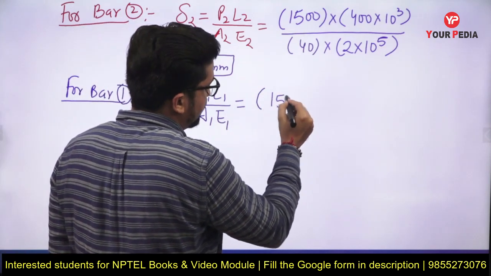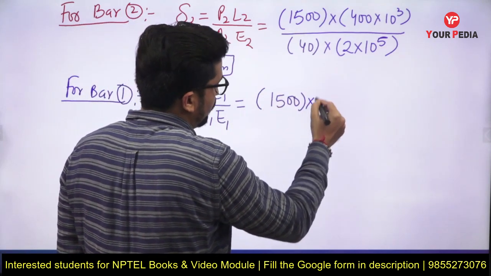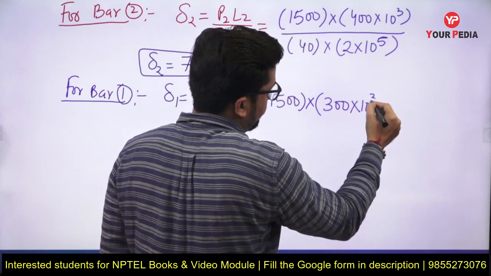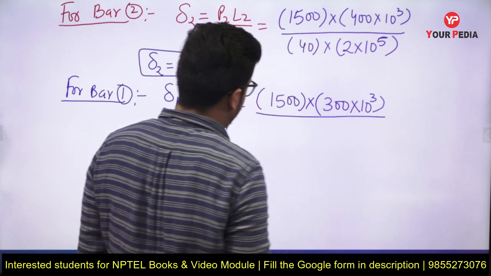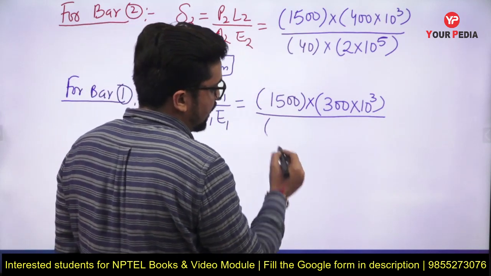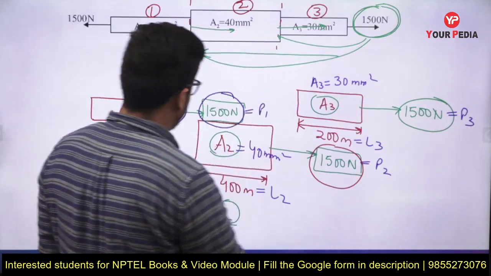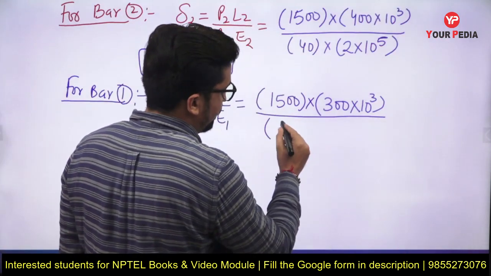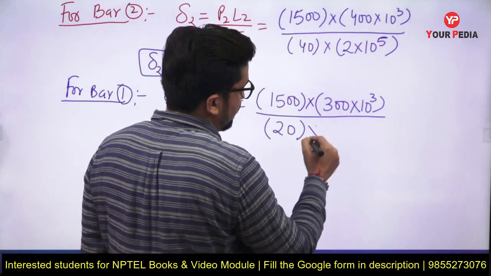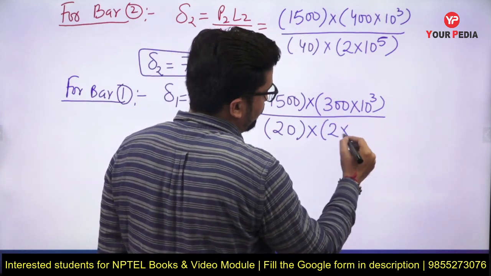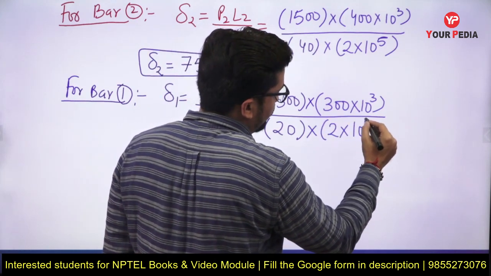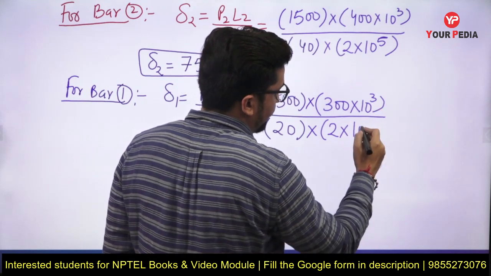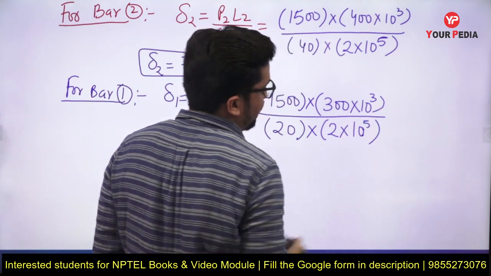P is 1500 Newton into length 300 meter, that will be 300 into 10 raised to power 3 mm, upon area 20 mm square into E, modulus of rigidity, which will be 2 into 10 raised to power 5 Newton per mm square.